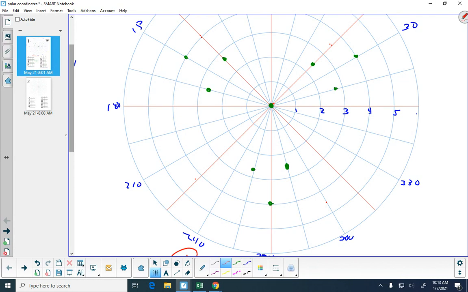So looking at my graph, I'm going to come out with my first leaf, and then we will continue this pattern here, and then back around again. And there would be our three-leaved rose.